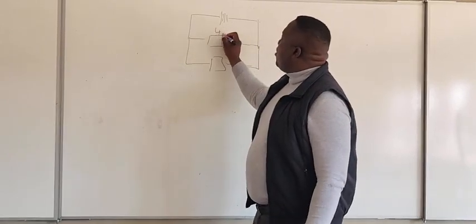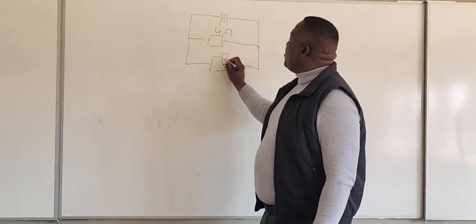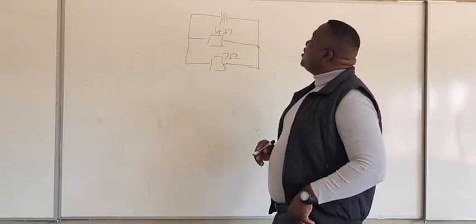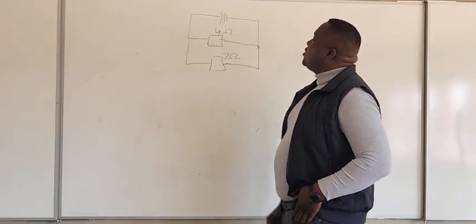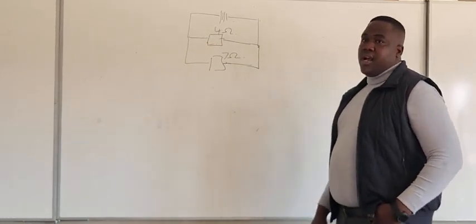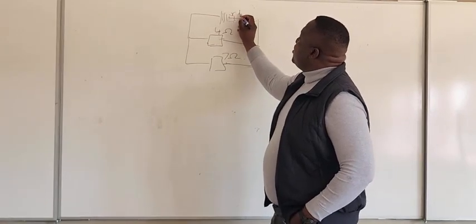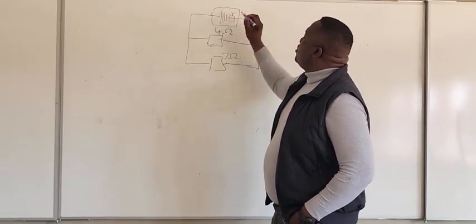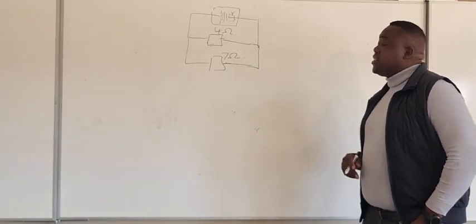This one is 4 ohms, this one is 7 ohms. You can see that the resistances are 4 ohms and 7 ohms. It has got internal resistance. Can you see that we have got internal resistance there?